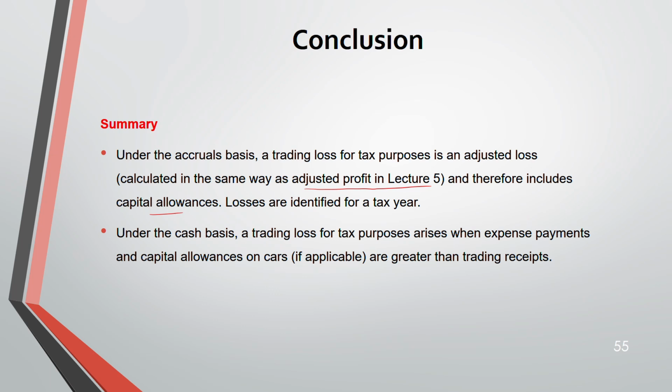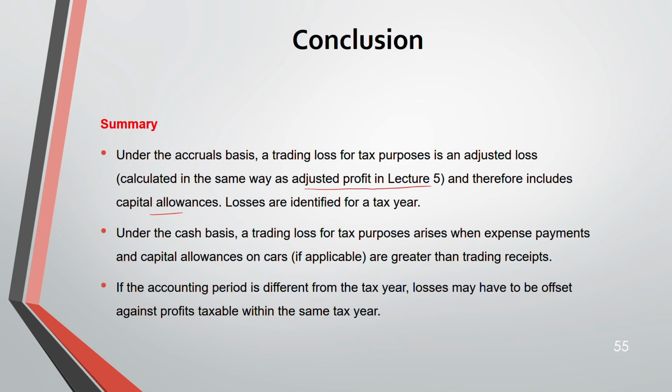Then under cash basis, your trading loss arises when expenses are more than your receipts, including your capital allowances on cars. If the accounting period is different from the tax year, you have to offset your loss against the profit within the same tax year. You have to bring them in the same tax year, both profit and loss.